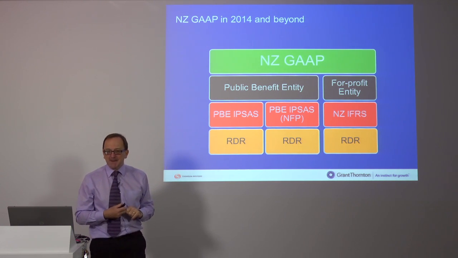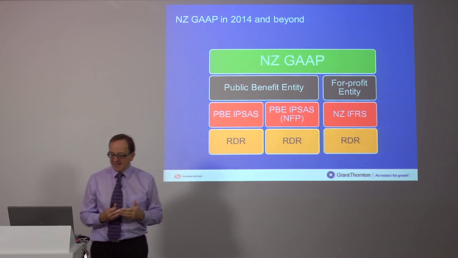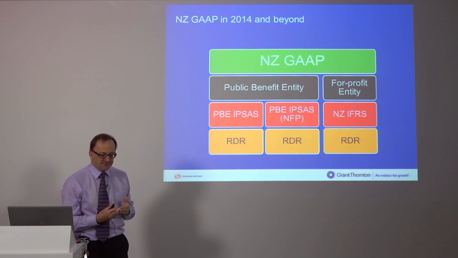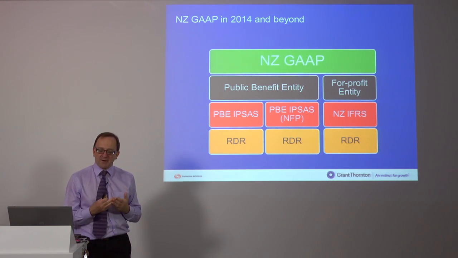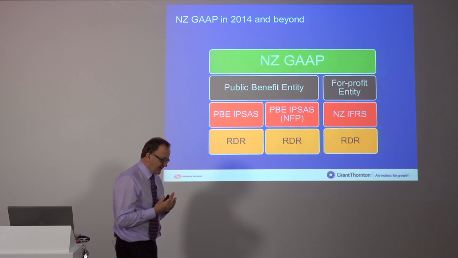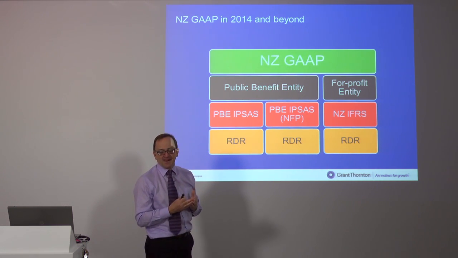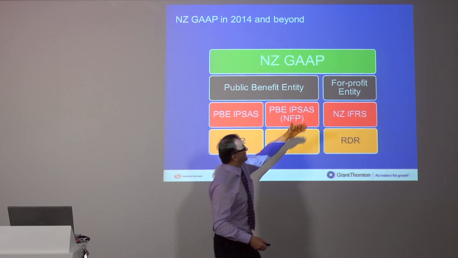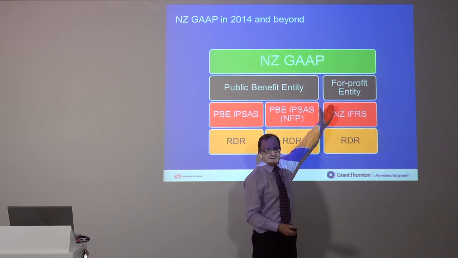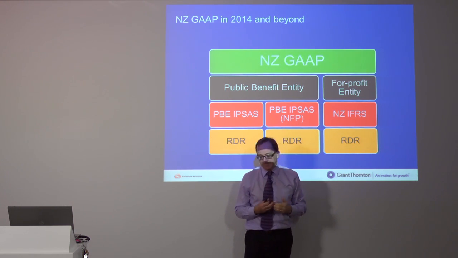Well, as you can see, new limbs emerging. And I suppose one of the key things is that the change starts with a public benefit entity. And the question is, are you a public benefit entity? And only if the answer to that is no, then you end up with the for-profit regime.